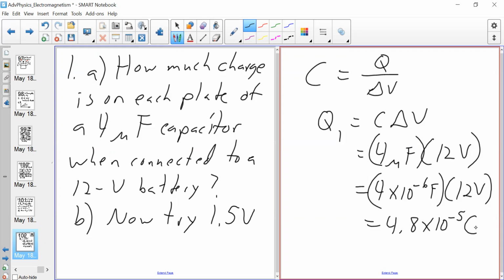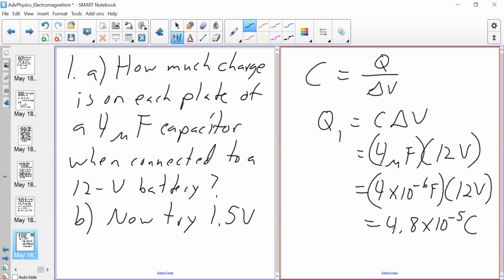Or we can say 48 microcoulombs. Move the decimal over one to the right. Oh, that would be minus 4, and then we go to the left.